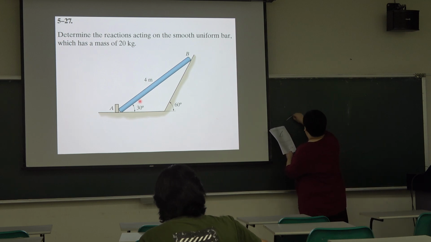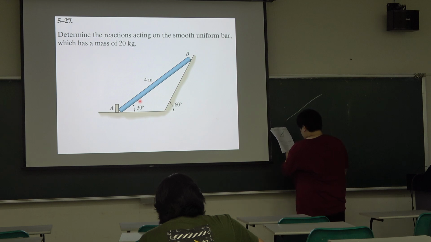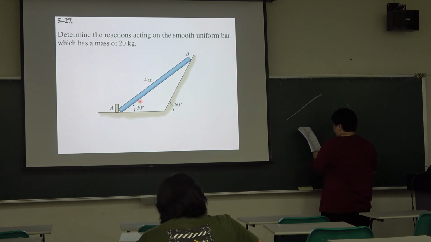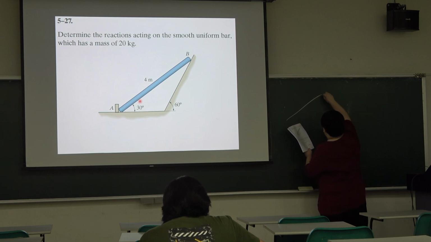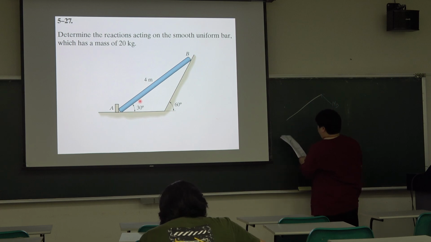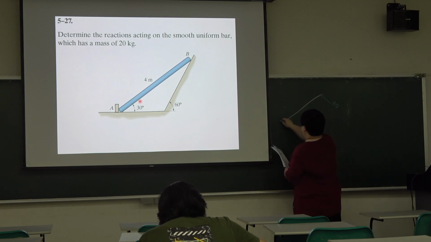This is the object, and we have the action at the point B, in this direction. And then we also have the two supports, one in here and one in here.